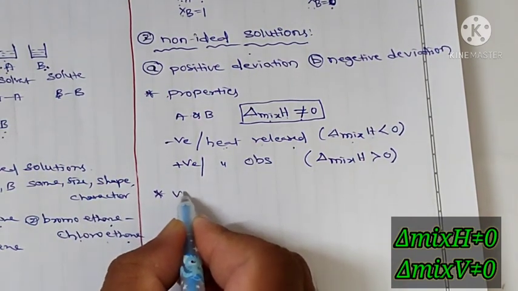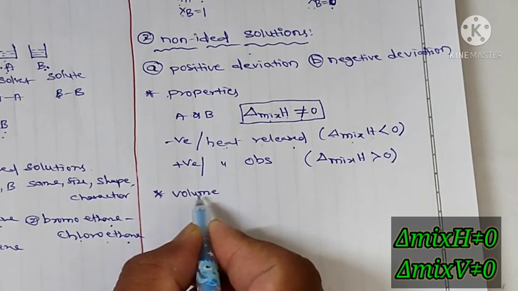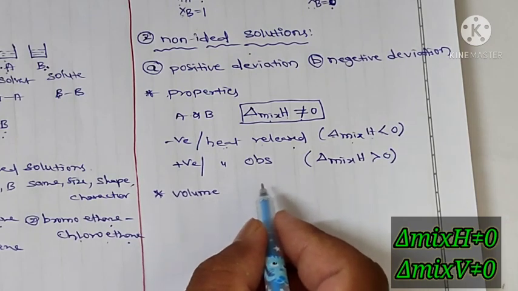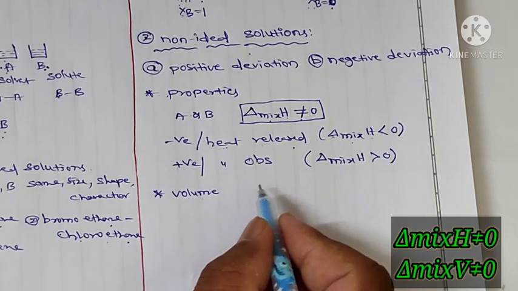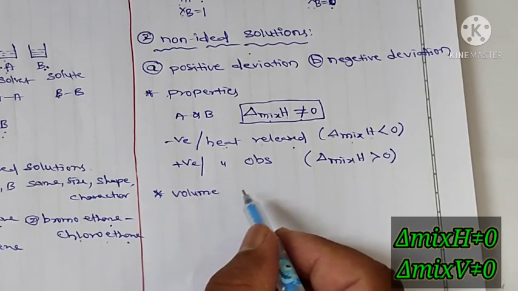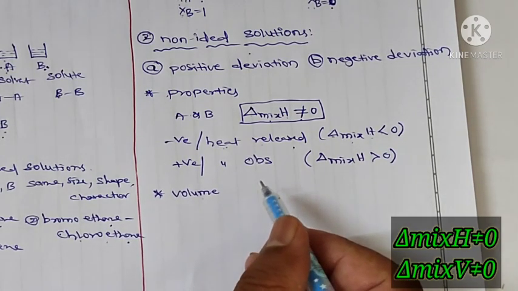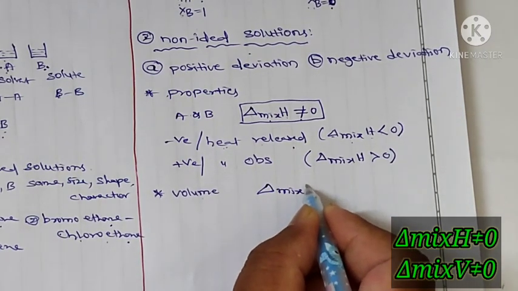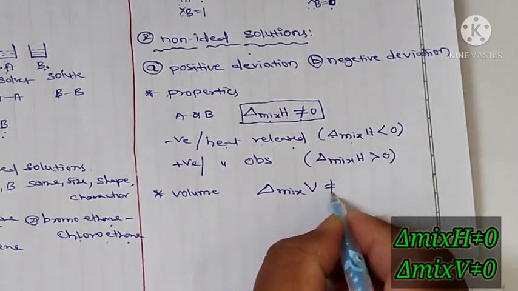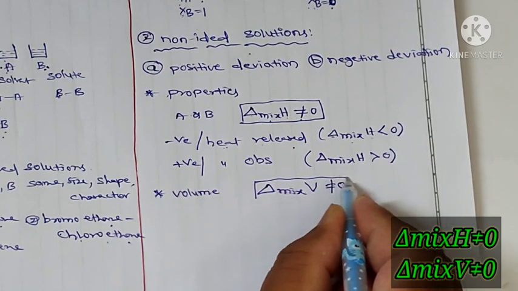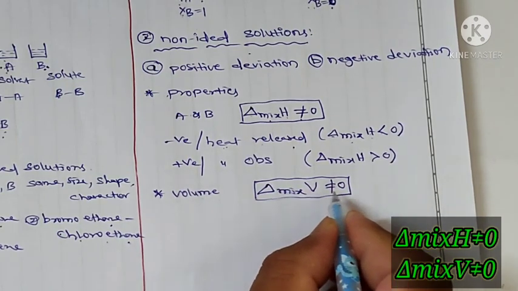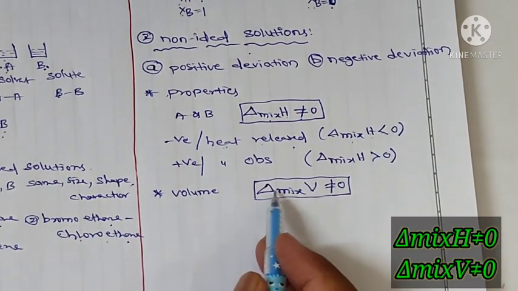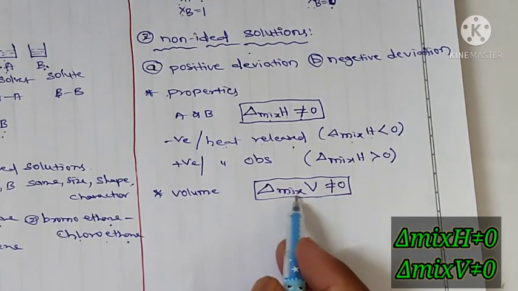So here the volume of solution is not equal to the sum of the volumes of the pure components, meaning delta mix V is not equal to 0. In ideal solutions, delta mix V is equal to 0, but in non-ideal solutions delta mix V is not equal to 0.